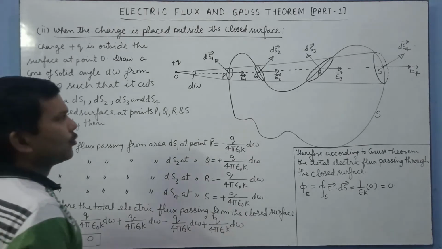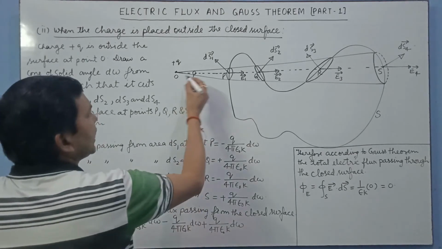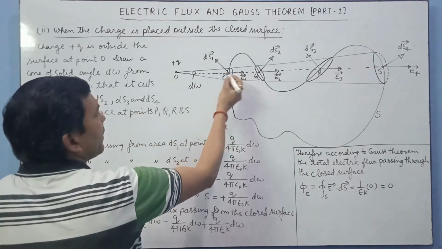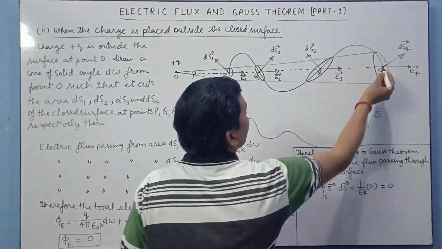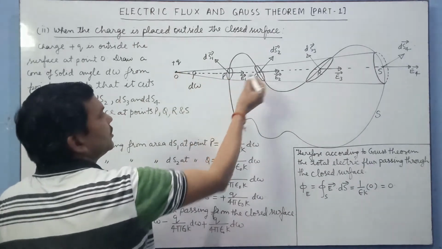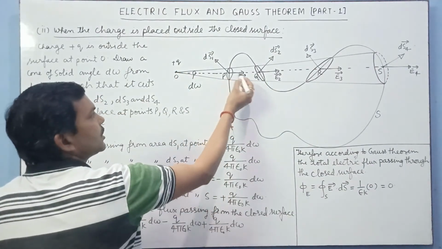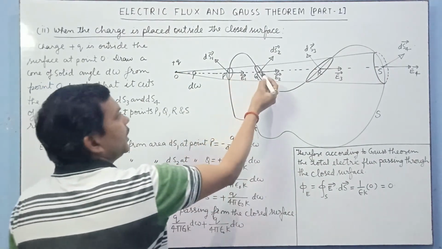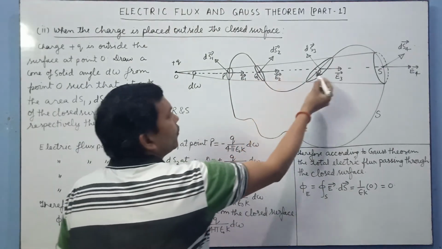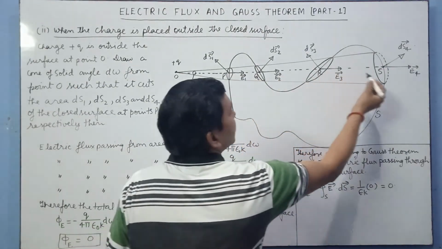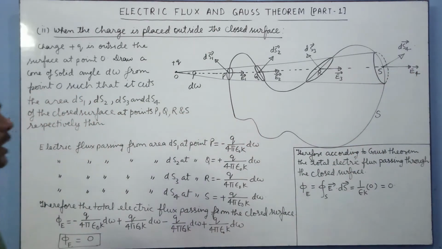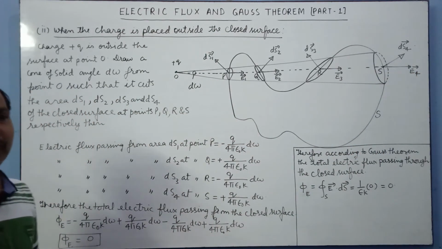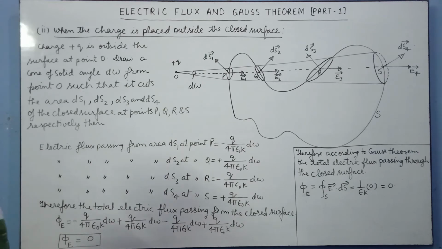Here you will have to notice two things. The direction of electric field at all these points P, Q, R, S is along the line joining the charge. That is E1 here at point P, E2 at Q, E3 at R, E4 at S. But the direction of area vectors is different.